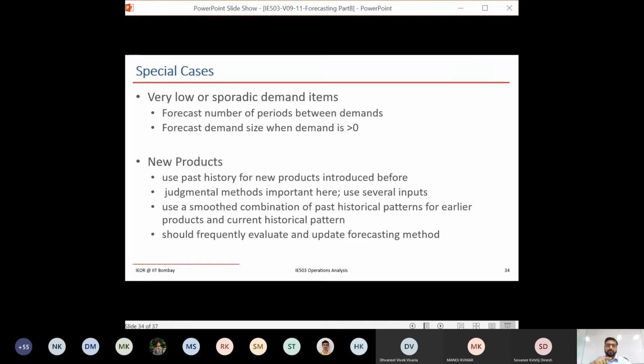Many theoretical models assume that the number of periods between demands could be exponentially distributed. And whenever it is not 0, the demand size can also be estimated. So we split the data and apply one of these things, either exponential smoothing or Winters' method or something like that, to estimate it. That's how we can handle sporadic demand items.